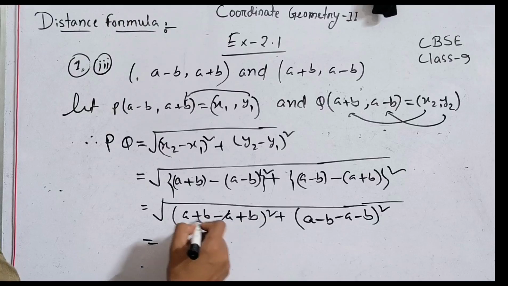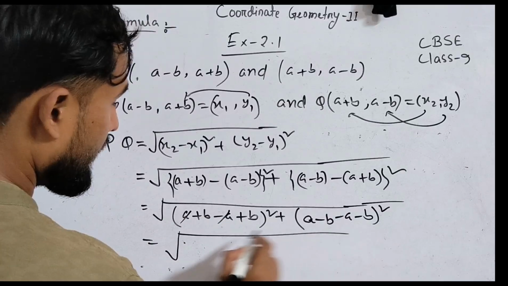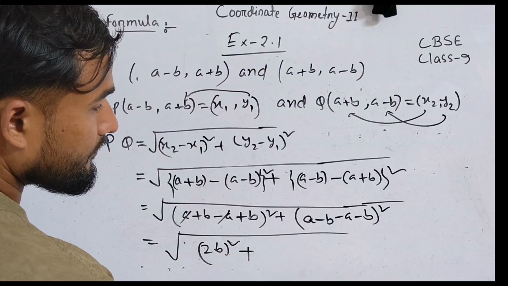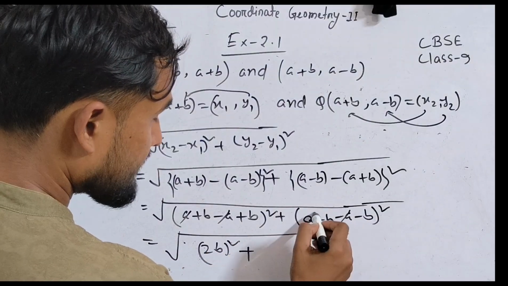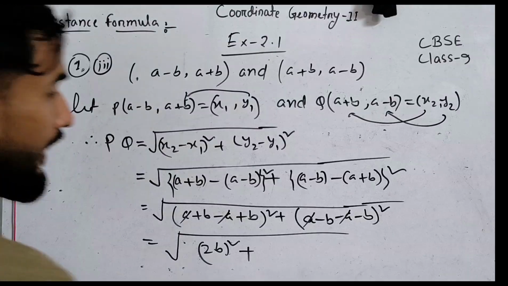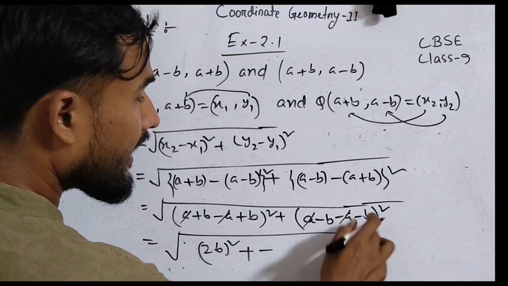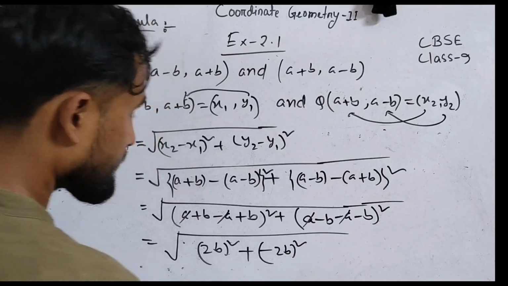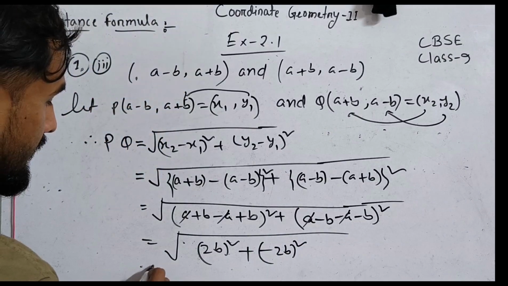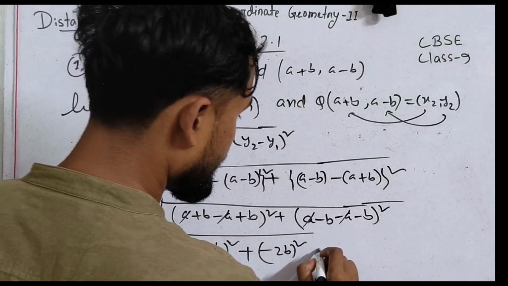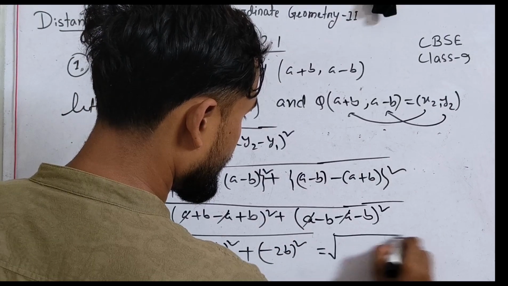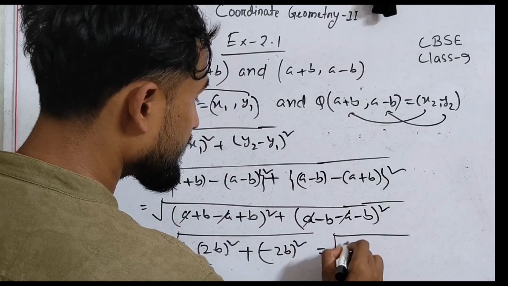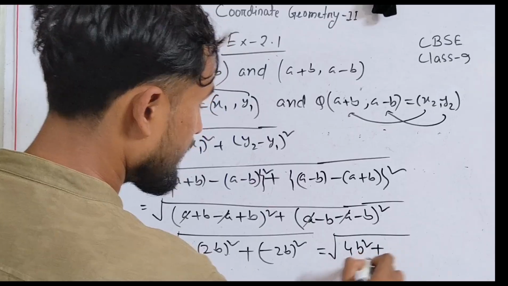Plus a minus a will be cancelled, and b plus b will be 2b whole square, and minus a will be cancelled, and minus b, another minus b, so 2 times minus b. Two b whole square means 4b square.